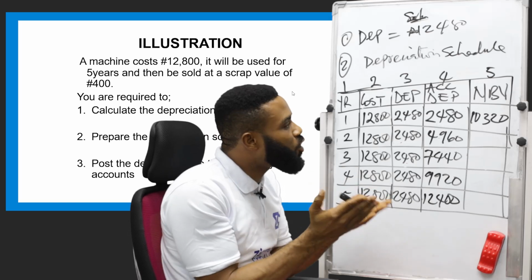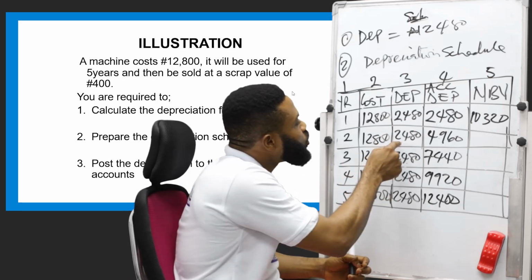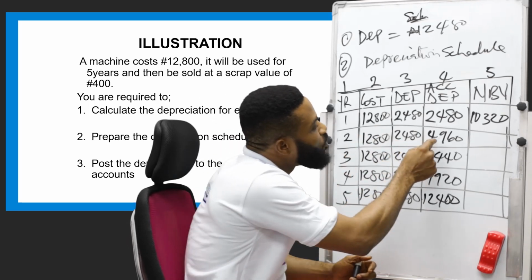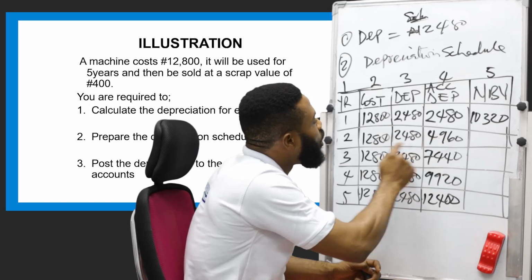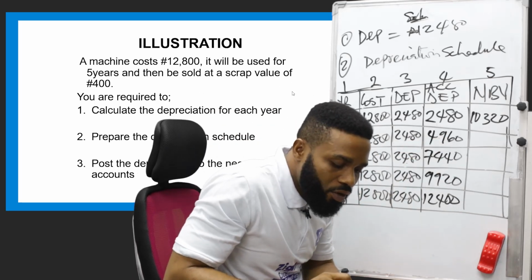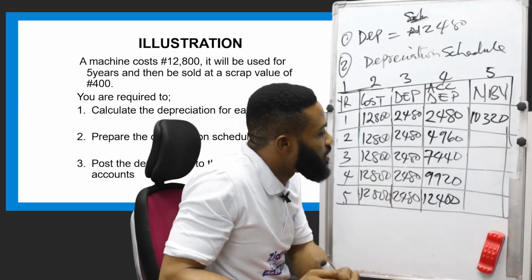Let's go to year 2. What will be the value of the asset after year 2? After year 2, you subtract this value from this value. You subtract 4,960 from 12,800. 12,800 minus 4,960.